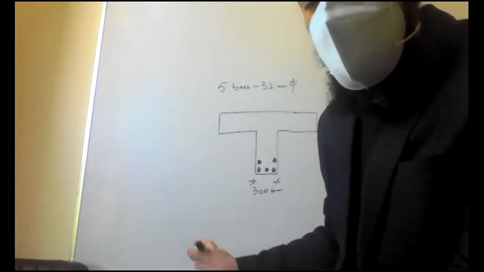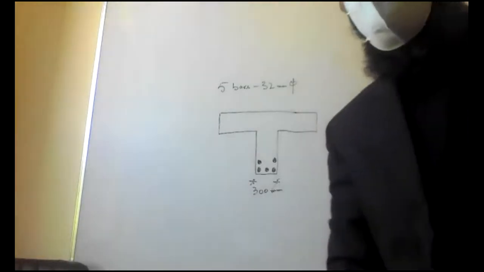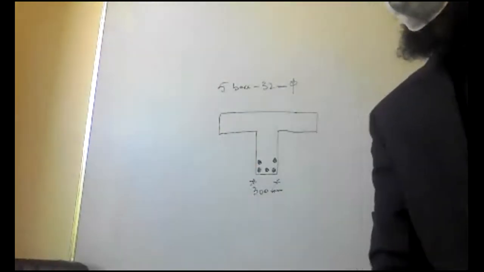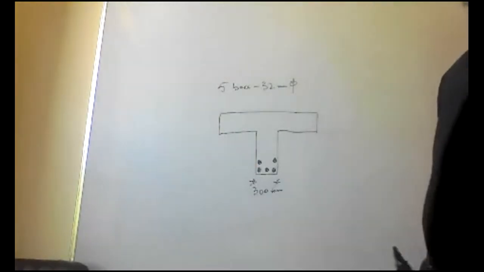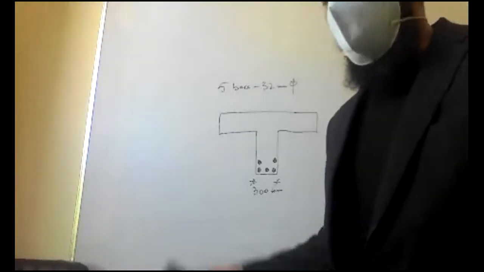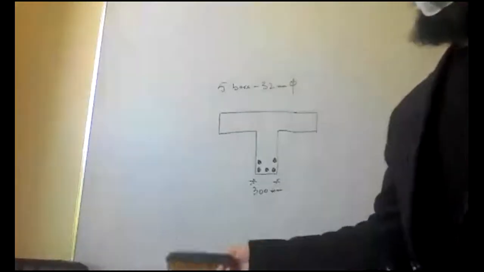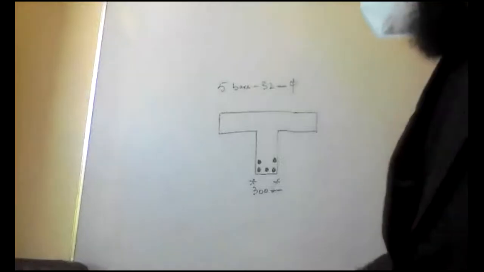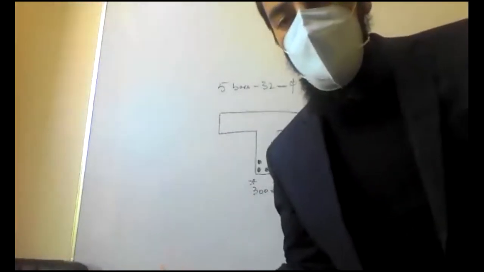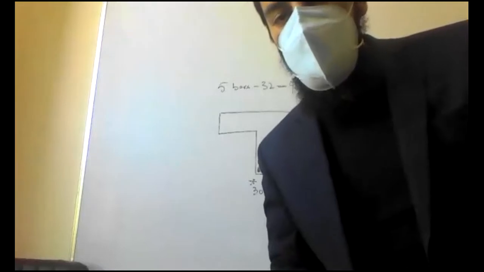But is it actually what we require, or is it lesser that we require? Because this is based on the assumption that the lever arm is around at the center of the flange. Or you could have taken another assumption that the lever arm is at 0.9 times Z. But is this what we require? That we have to check.